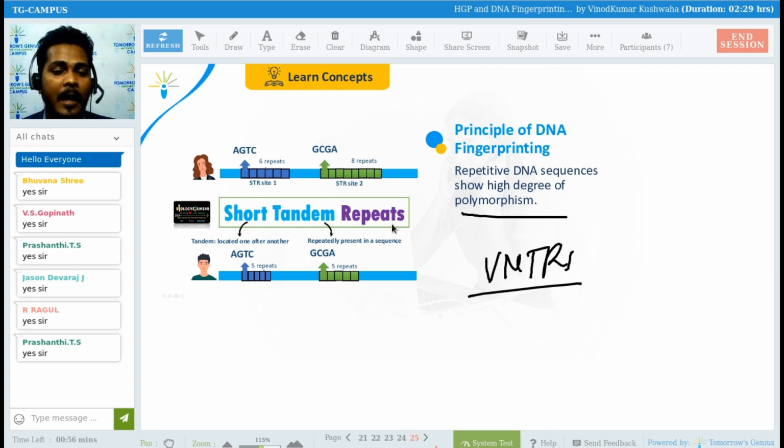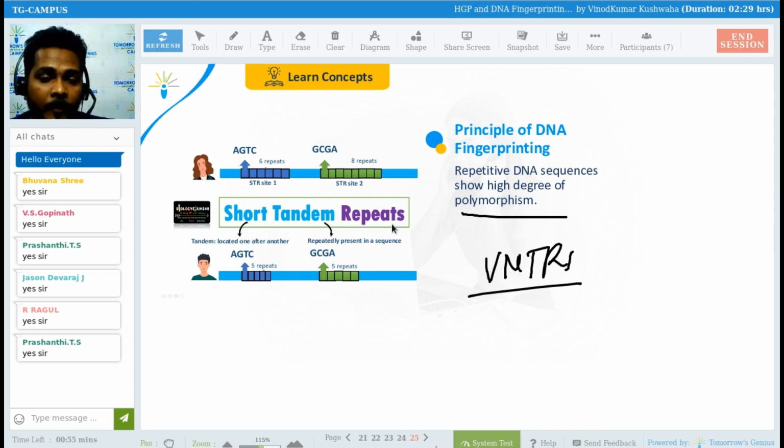Half of the VNTR alleles of the child resemble those of the mother. Meaning if a particular child has VNTRs, they are 50% from the father and 50% from the mother. Clear? So it can be easily concluded that this particular child belongs to these parents. This is nothing but the variable number tandem repeats, VNTR, which is also called the minisatellite. Now let's try to learn.